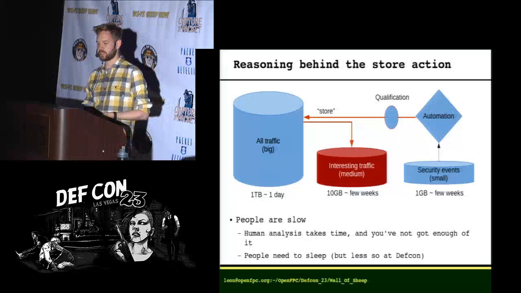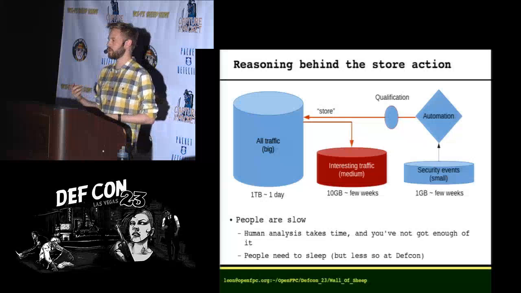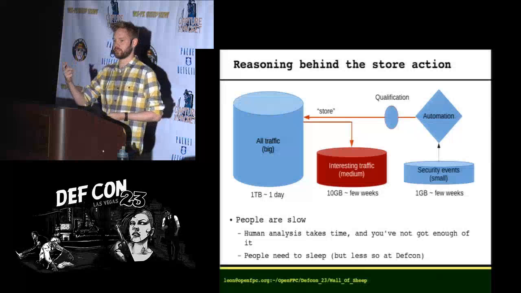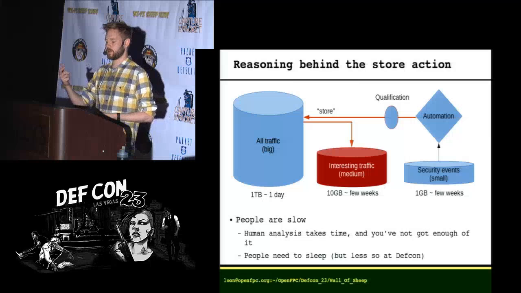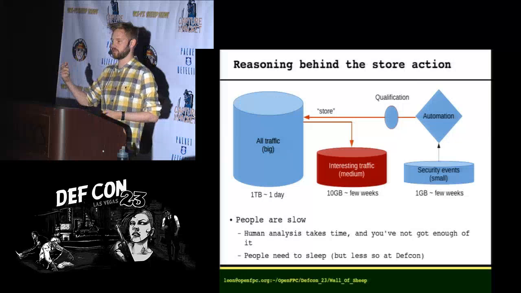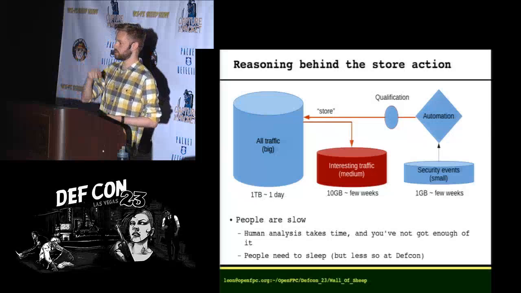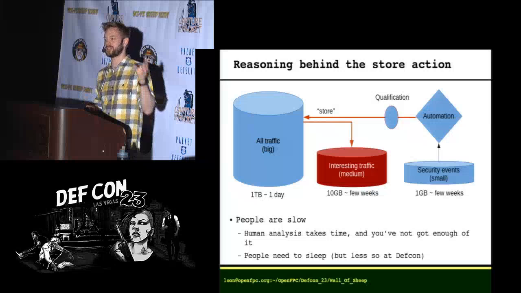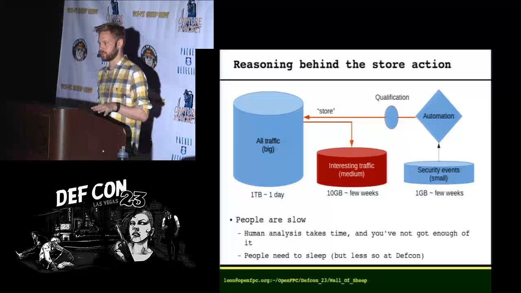The store action enables you to leverage automation with some pre-qualification on that data. So if you get an event that has a session identifier, and that turns up in your security event store, you can automatically go and talk to the queue daemon to go extract that session and go stick it somewhere else for later analysis.